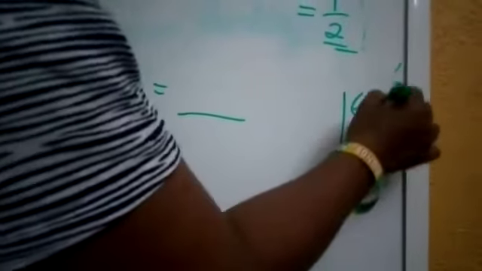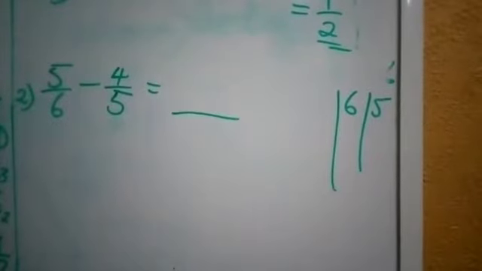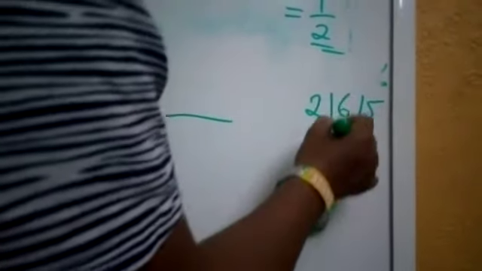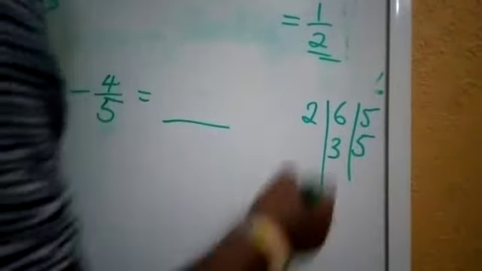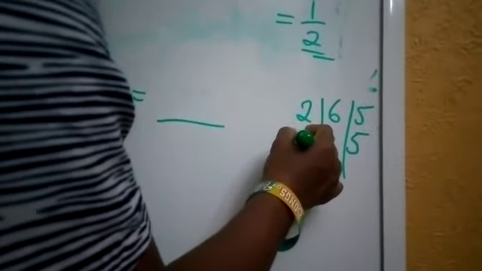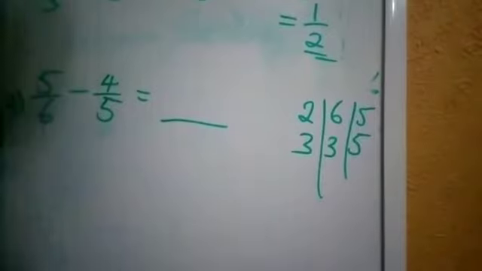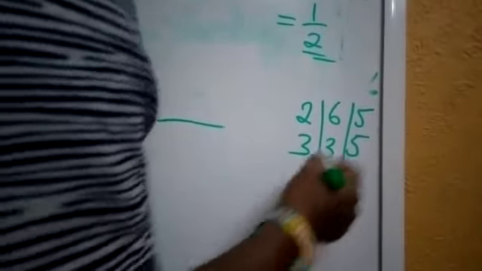We have 5 over 6 minus 4 over 5. Go to a secret corner. Let's look for the LCD of 6 and 5. 2 will go here, 3. 2 here, 5. Can 2 go? No. The next factor will be 3. 3 here will be 1. 3 here will be 5.